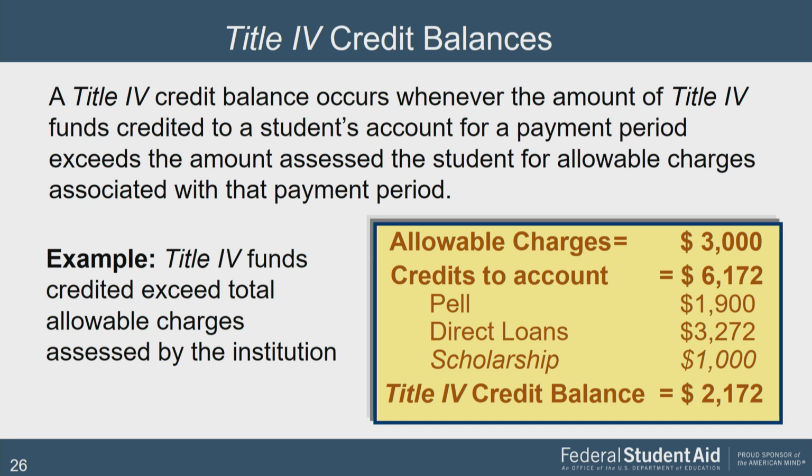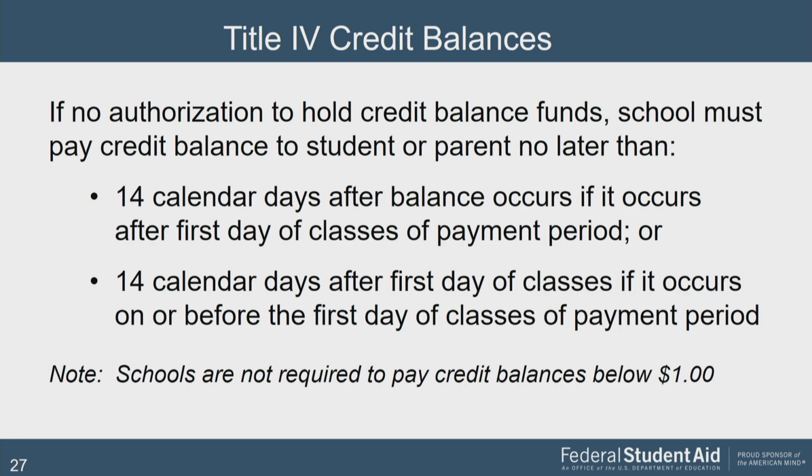It's probably easiest just to treat all credit balances the same way that federal rules require you to treat Title IV credit balances, and you can certainly do that, but the only credit balances you're obligated to get back to the student within the requisite 14 days would be Title IV credit balances. If there's no authorization on file to hold credit balance funds, the school must pay the credit balance funds to the student or parent, and we do have some rules here which go way back, so you're probably familiar with these.